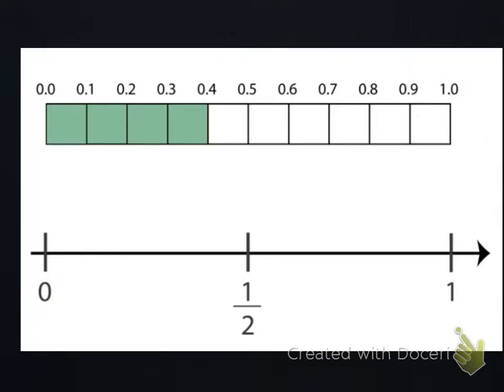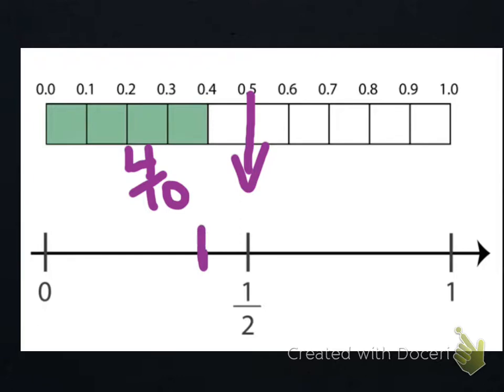So for instance, if I have the decimal 0.4, I know that the fraction would be 4/10. And if I look at my number line here, I know that 0.5 is halfway on the rectangle. So I know that's probably the same as 1/2. And 0.4 then would be right about here on the number line, just as you see above in the fraction rectangle.